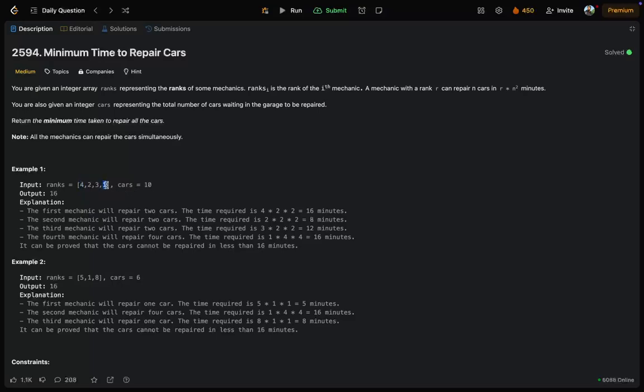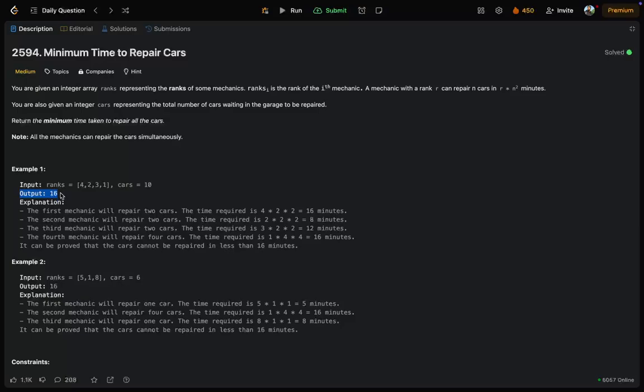If this mechanic tries to repair one car on its own, it will take rank multiply n square minutes, so it will be 100 minutes. So 400 for this, 100 for this, but I am talking about one individual person. But we have 4 mechanics and these 4 mechanics can do the work simultaneously. So it will take less time.